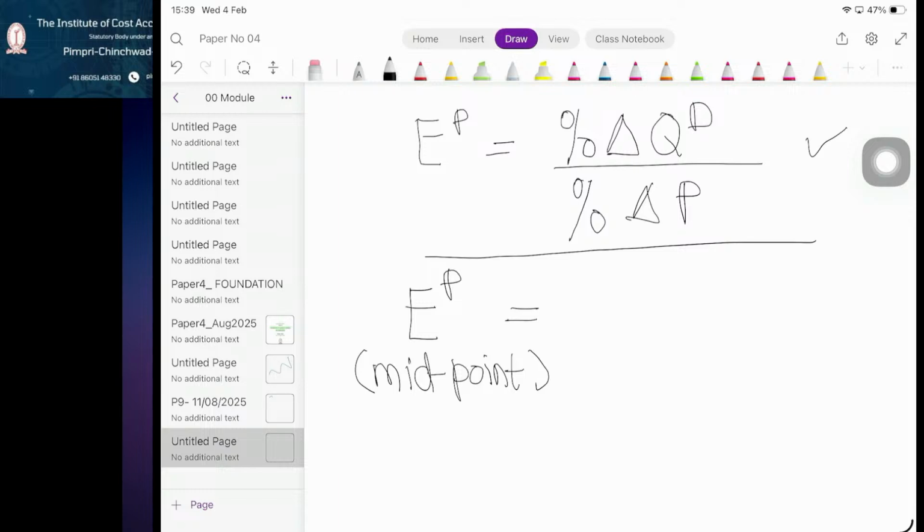We just did that. Okay. What is the midpoint formula?